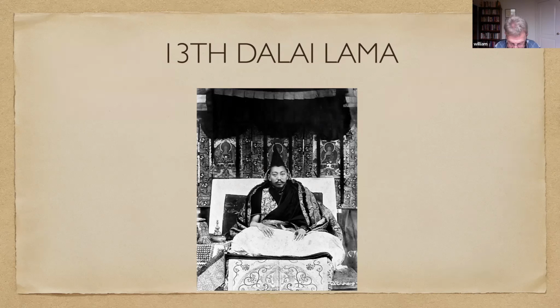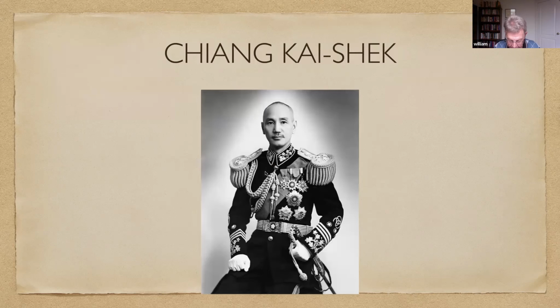For example, on December 20th, 1941, the Kuomintang leader, who will be fighting Mao's forces for control of China, Chiang Kai-shek, noted in his diary that Tibet would be one of the first territories he would demand as a restitution for China following the conclusion of World War II.